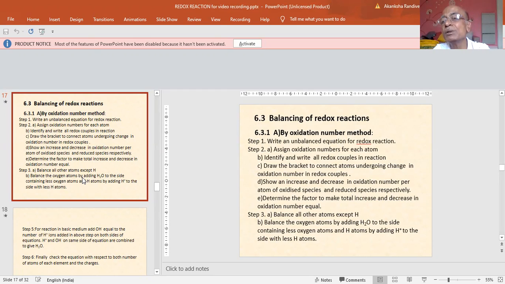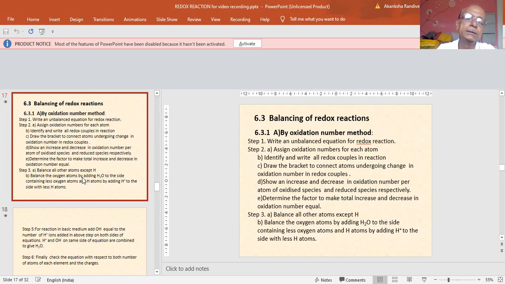The given equation is an unbalanced equation, and we have to balance this unbalanced oxidation reduction equation. The first step is write an unbalanced equation for redox reaction. So firstly, the equation we should write on paper. There is unbalanced equation.